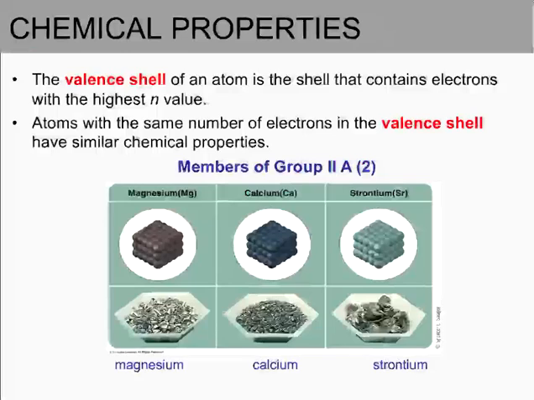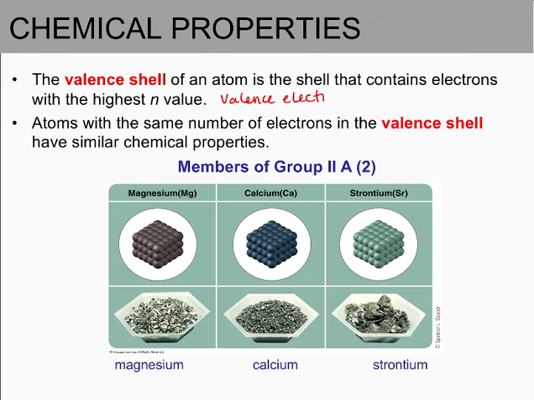So if you have an atom with, let's say, electrons all the way up to energy level 4, all of the electrons in energy level 4 are considered to be in the valence shell of that atom. And those electrons we call valence electrons. So those are the highest energy electrons.